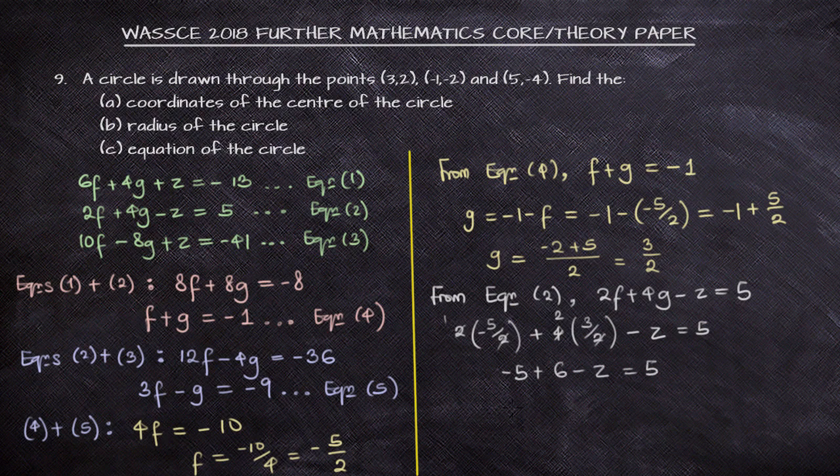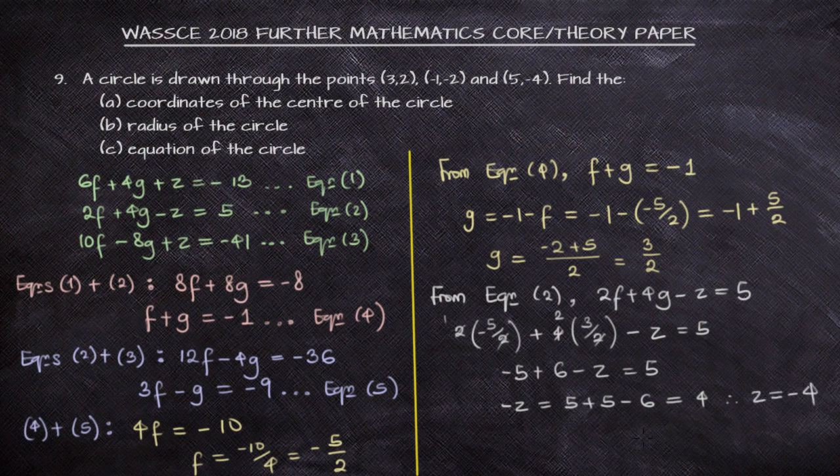And if I move, minus 5 and plus 6 will be 1, so minus z will be 5 plus 5 minus 6, which is 10 minus 6 is 4, and that means that my z, therefore z, is minus 4.